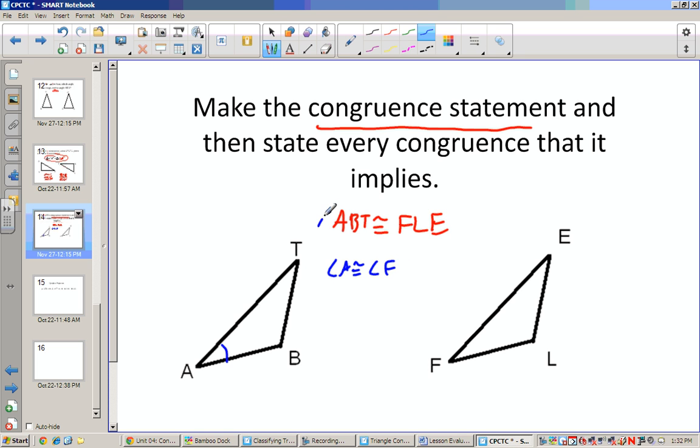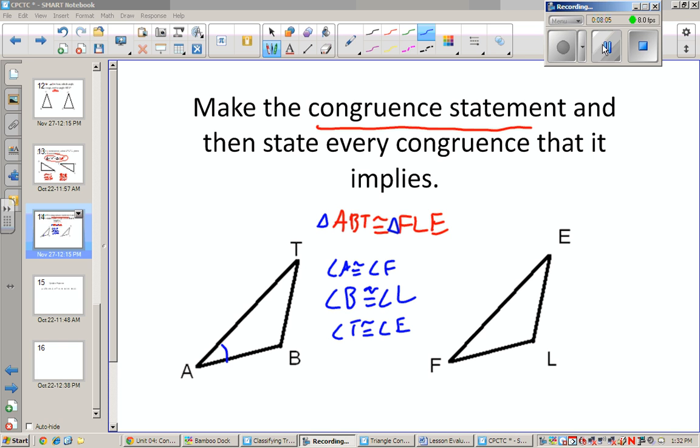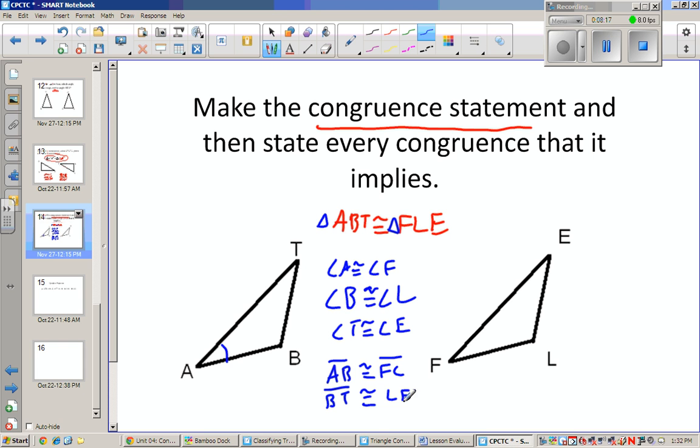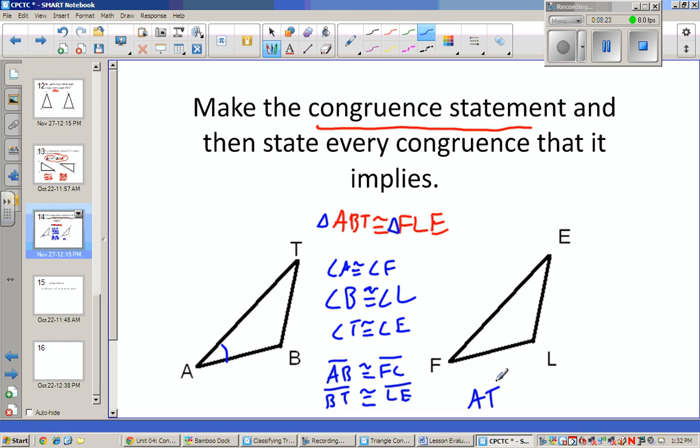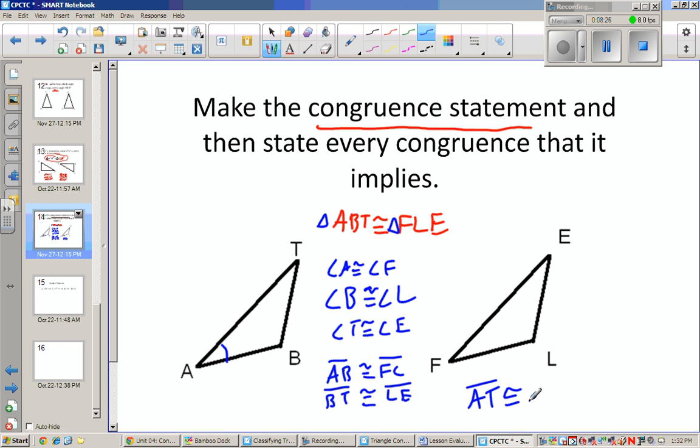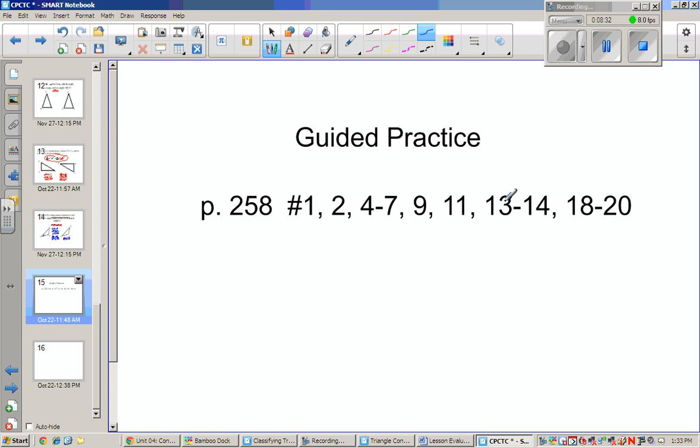B and L. Angle T and E. Now, first two letters are AB, so AB is going to match up with FL. BT is going to match up with the last two letters, LE. And AT is going to match up with FE. And those are our 6 things. Now, hopefully, you understand this enough to be able to do the homework.